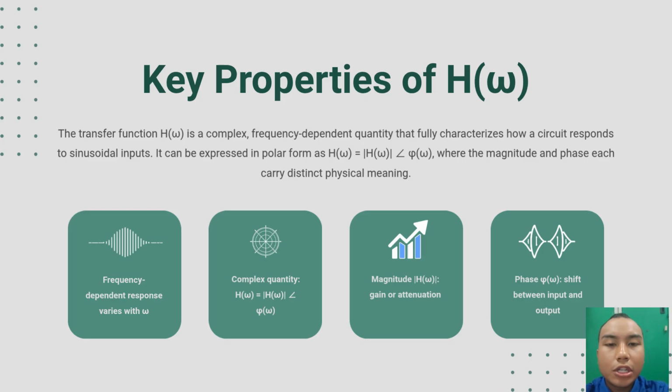First, frequency dependent: the response varies with ω. Second, complex quantity: H(ω) equals |H(ω)| angle θ(ω). Third, magnitude |H(ω)|: gain or attenuation. And last, phase θ(ω): the shift between input and output.